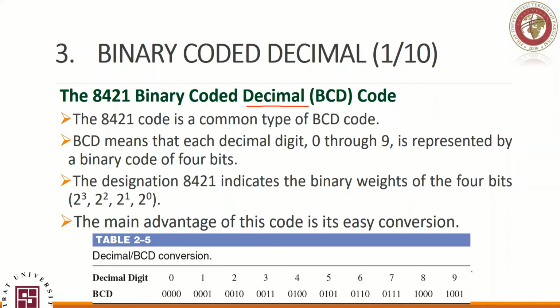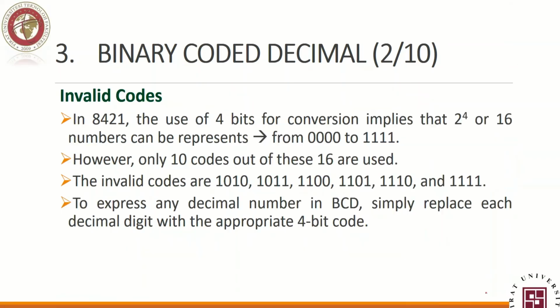We have other codes other than 9. We have 10, 11, 12, 13, 14, 15. They are invalid. We don't use them. So 10 is invalid, 11 is invalid, 12 is invalid, 13 is invalid, 14 is invalid, 15 is invalid. These are all invalid codes in BCD, specifically. We speak about this system. Okay. All right.